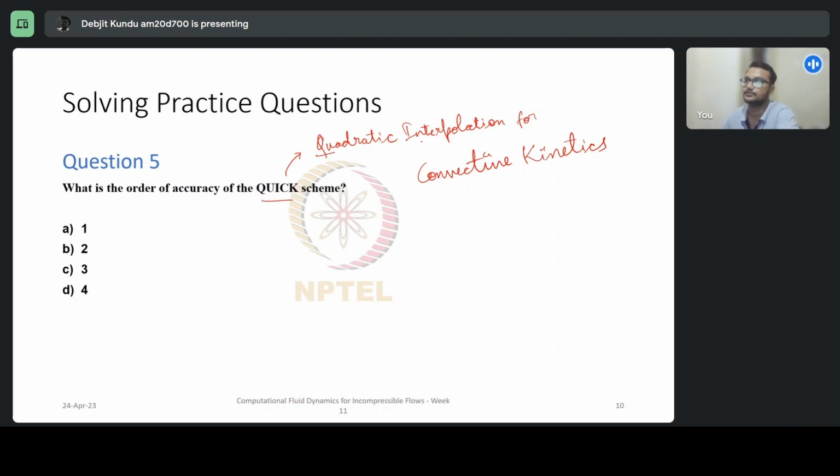So QUICK, quick. What is the order of accuracy of this scheme? Is it option A 1, option B 2, option C 3, or option D 4?